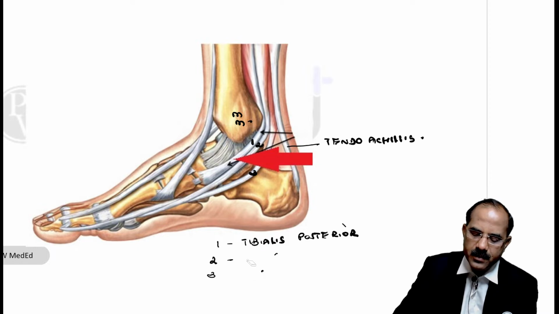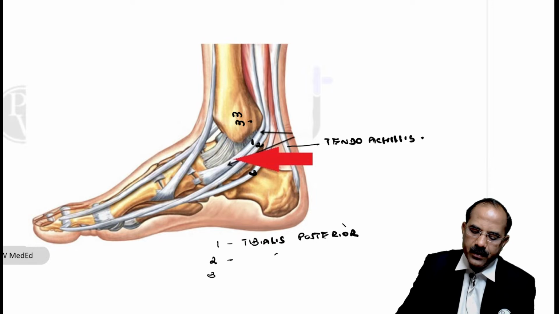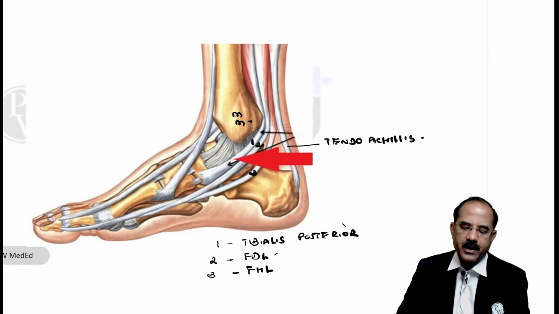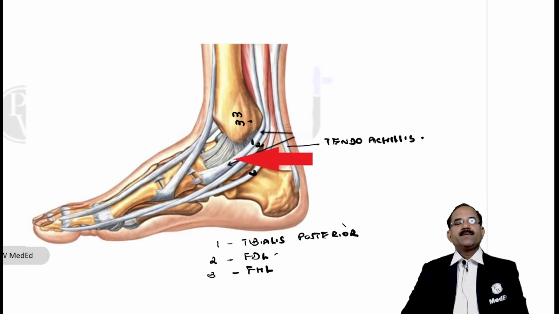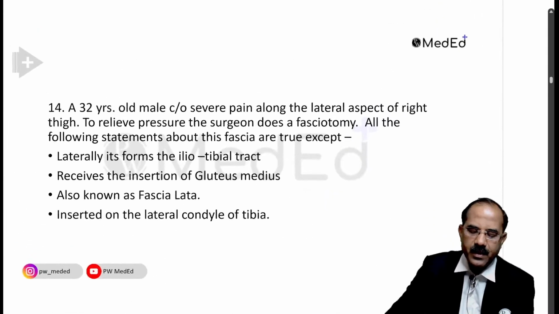No, okay, there's a mistake here. Number 3 is going towards the great toe. Okay, so 3 is flexor hallucis longus. 2 is flexor digitorum longus. Yes, very good, Mohit. Is this clear, students? Fine to all of you? Chalo, we'll go to the next MCQ.